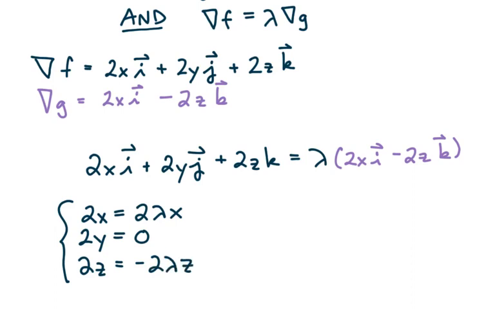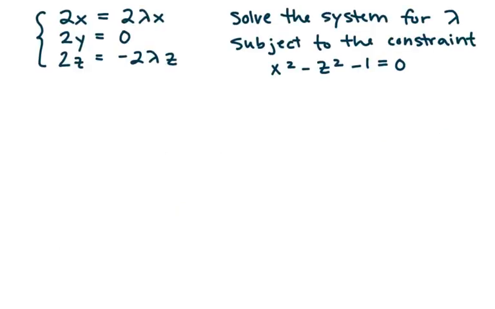So to give myself some more space, I'm going to skip to the next page and rewrite this. So again, we need to solve this system for lambda subject to our constraint. Well, it's pretty easy for us to notice right away that y is going to be equal to 0, right? So that's one of the things that we notice.